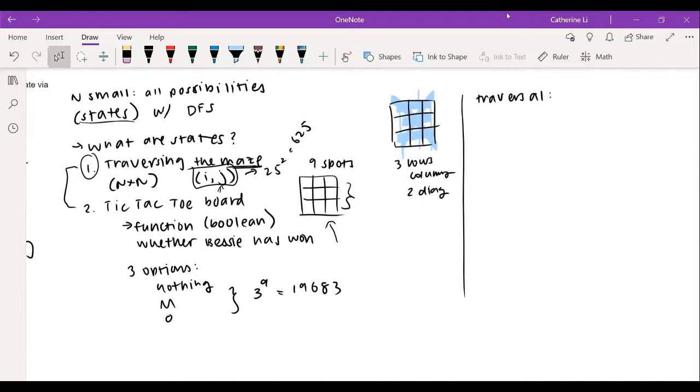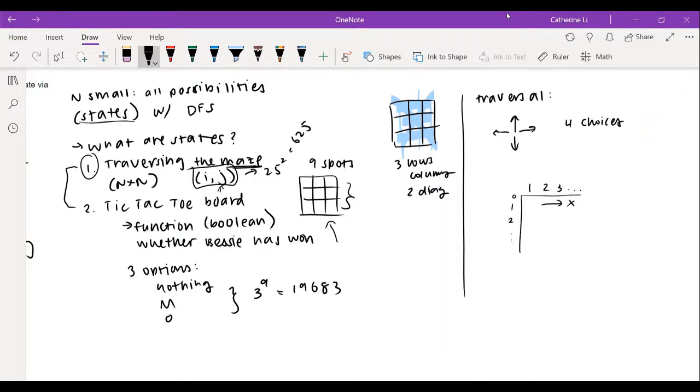But if we need to go to a new position, they tell us that we have 4 different choices: north, east, south, or west. One way that you can go through these different choices without writing them all out is if we consider a 2D array. This is a pretty common trick.